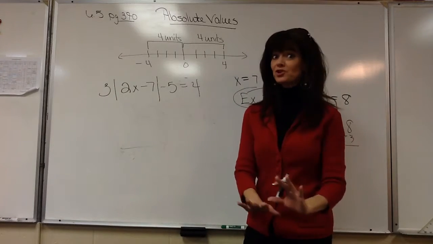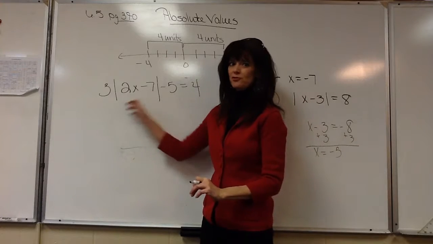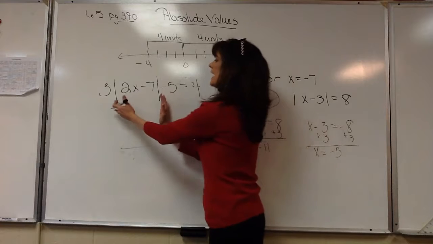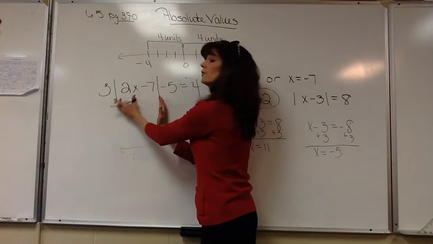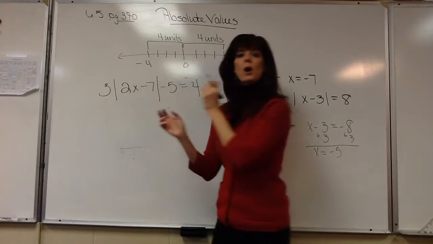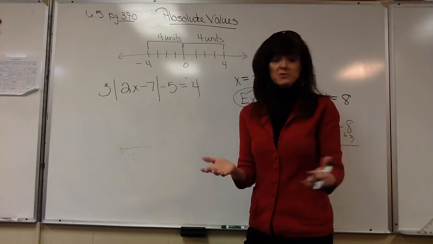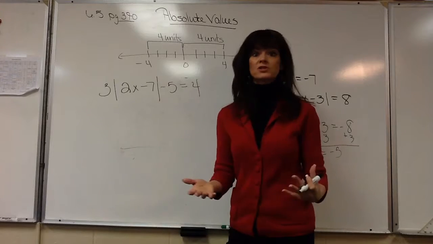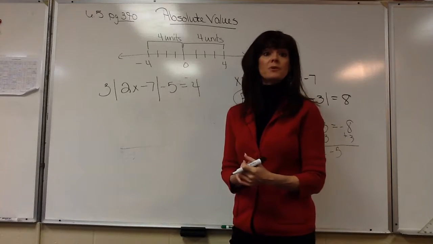And we're not going to treat them that way, so we're not going to be doing distribution or anything like that. What we're going to do is get this absolute value and everything in between the absolute value signs here by itself. Okay, so we're going to treat it just like it's a variable. We want to get it by itself, and we're just going to follow our properties of equality.